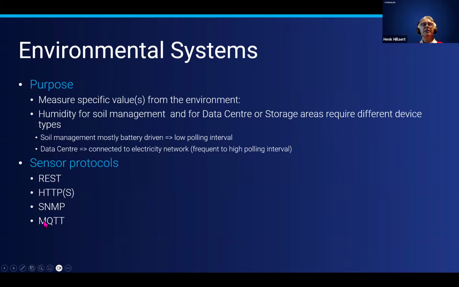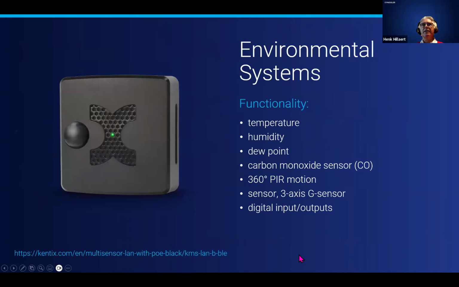REST, HTTPS, MQTT, SNMP are also used, but not so much for that modern type of devices. But yes, they do exist. Underneath, you find the link to a device like that. It's a multi-sensor, and what you see here is that it only needs a network cable with power, so the PoE switch, and then you can have these values brought to your attention.